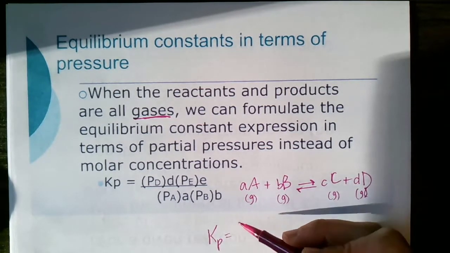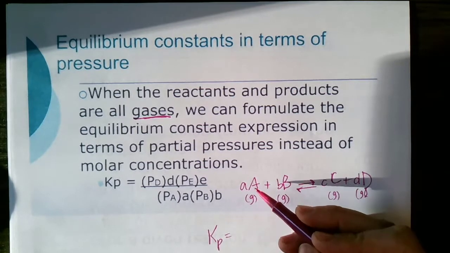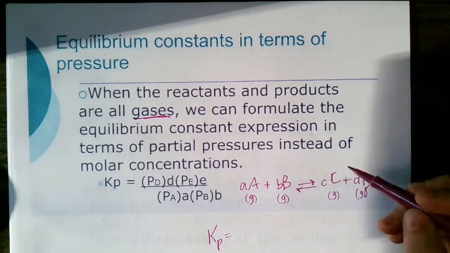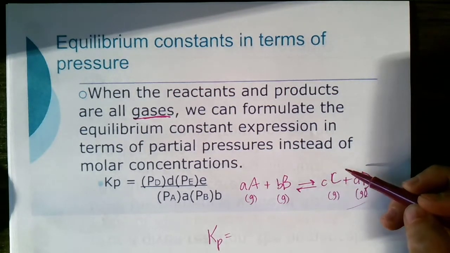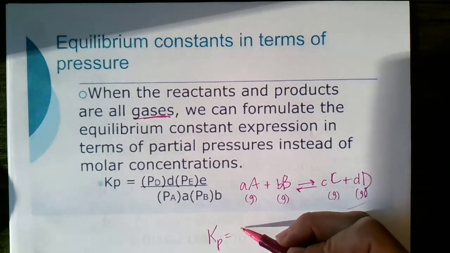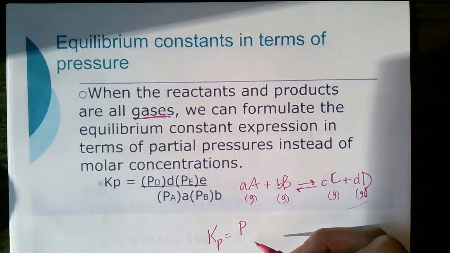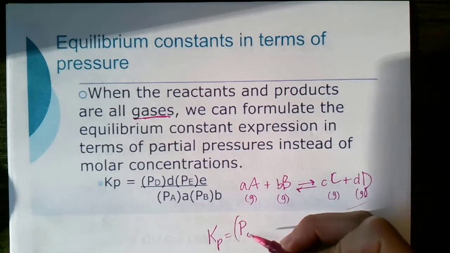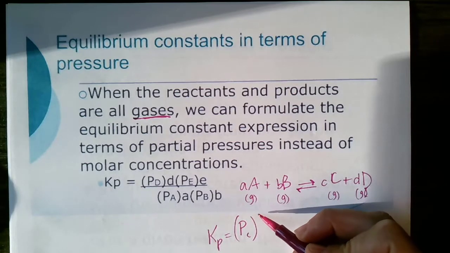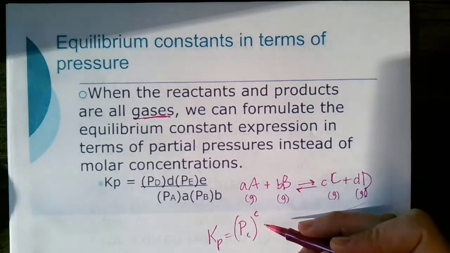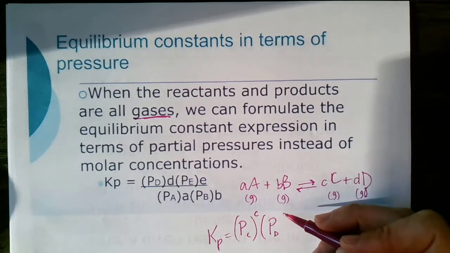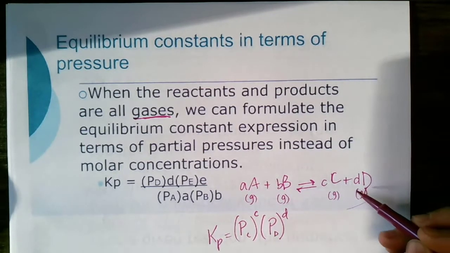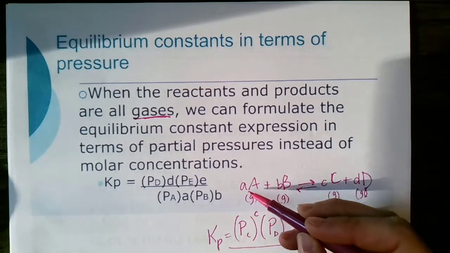and before we used brackets by looking at the concentration of A to the power of a, products over reactants. So we would look at the concentration of C to the power of c. Well, here we're just going to write the partial pressure of C raised to the power of c times the partial pressure of D to the power of d. So that's my products over reactants.